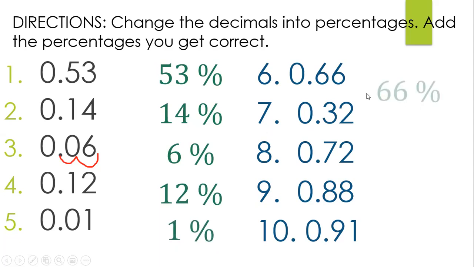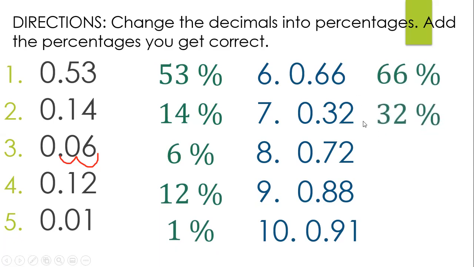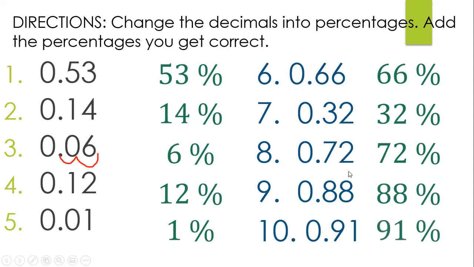For 0.66, that's 66%. 0.32, that's 32%. 0.72, that's 72%. 0.88, 88%. 0.99, that's 99%.